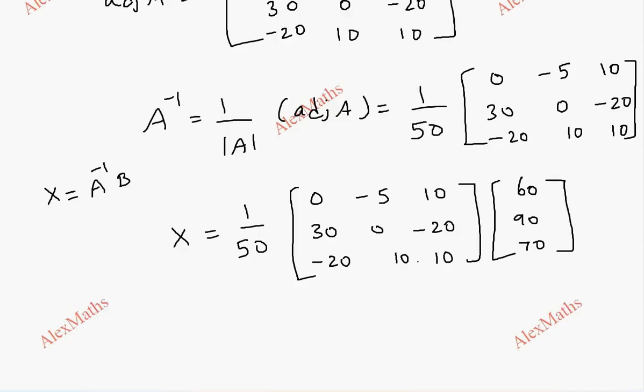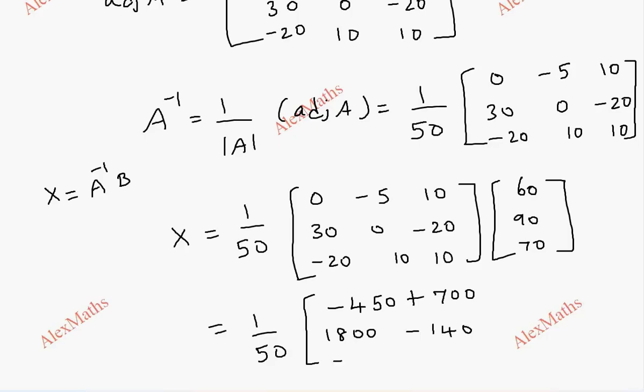So if we try to find the solution, we will come to know whether this A inverse is correct or not. This is 0, minus 450 plus 700. Then 1800, then minus 140, then minus 1200 plus 900 plus 700.